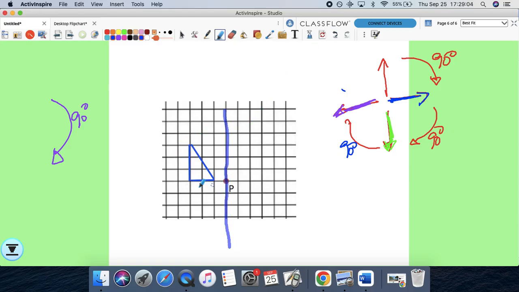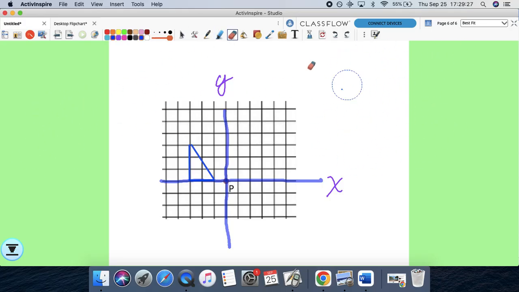Here's the y-axis and here's the x-axis. We're rotating about that point P. So this is just to help you. It's just saying rotate. So you could literally take your paper and just rotate it. But I'll take this as a chance to practice the points.